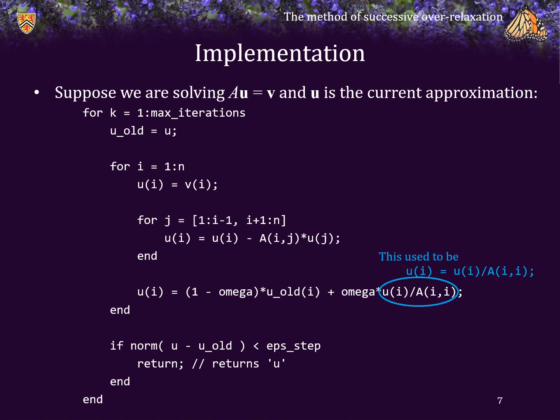Now we are taking 1 minus omega times the previous value plus omega times that value we calculated. That's it. And if omega is small, say 1.1 or so, it can reduce the number of iterations required.